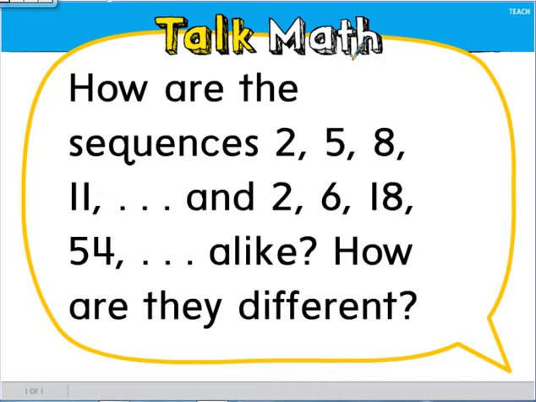We said certain kinds of patterns are going to be certain things, and certain kinds of patterns are going to be other things. Well, how are these two alike?